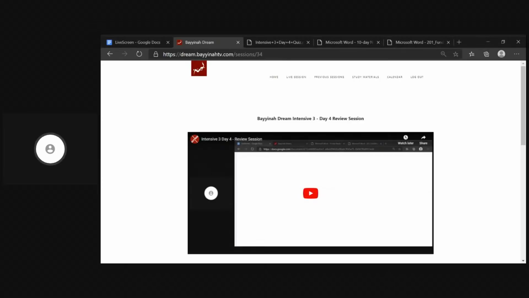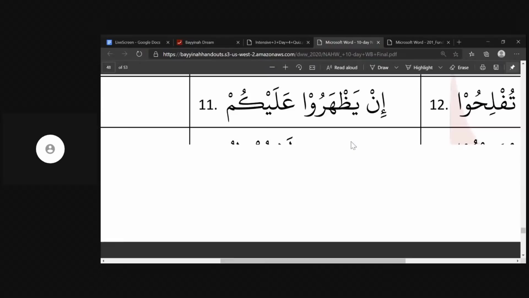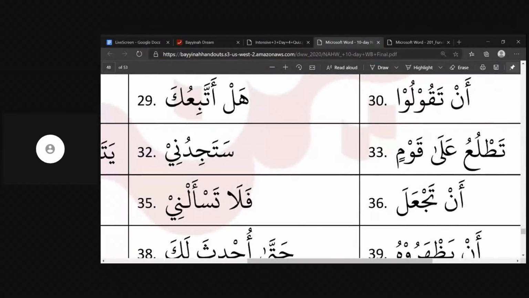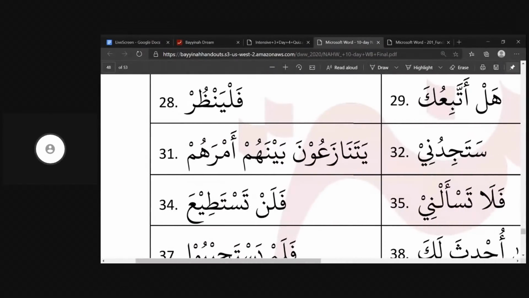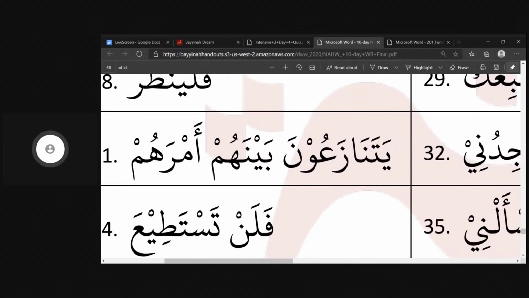31 on page 48. Bainahum is idafa, we can ignore it. Amrahum is idafa, we can ignore it. We're only looking at the first word, yatanaza'una. We know that ya plus una is a fi'l combination, right?